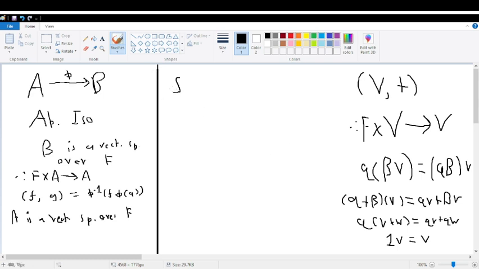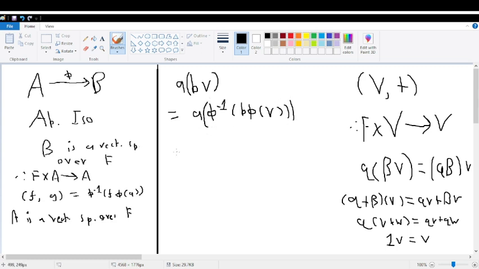So let a, b, and v. So a of b of v is equal to a times phi to the negative 1 of b of phi of v. So this is a whole thing in and of itself.